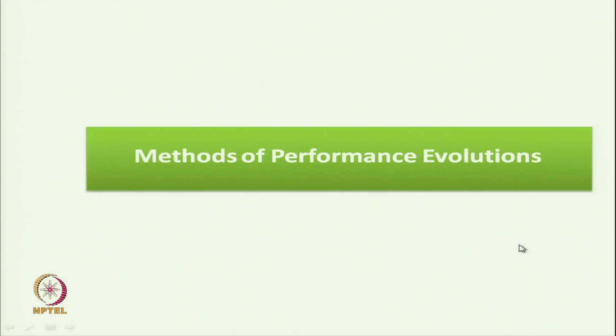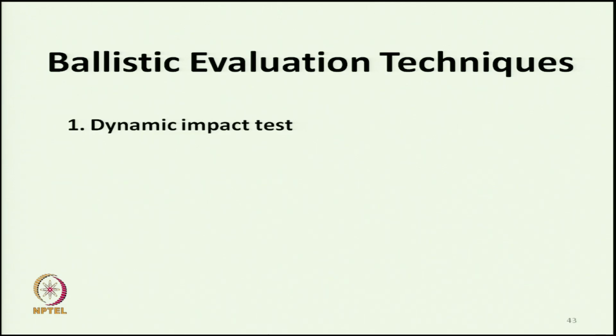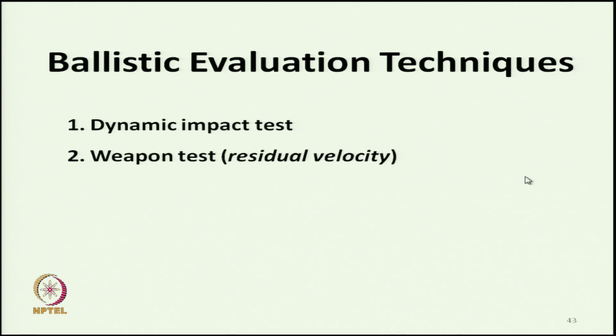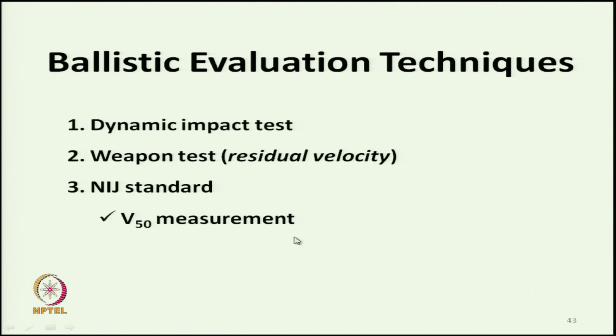Now, coming to the evaluation of performance. Ballistic evaluation techniques are the dynamic impact test, the weapon test to measure the residual velocity, the NIJ standard, National Institute of Justice standard, that is V50 measurement, and back face signature.